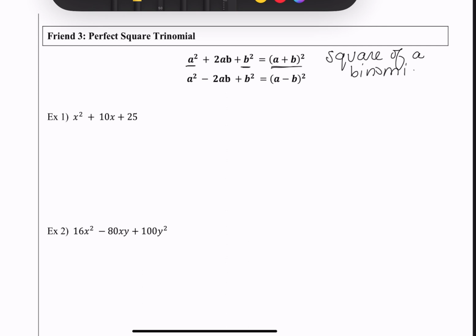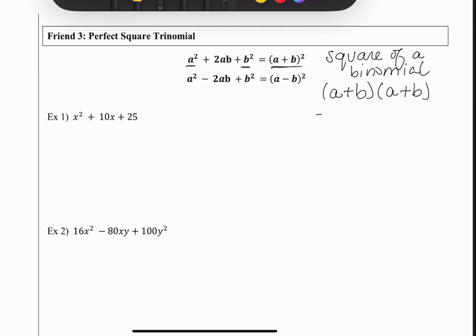Because remember, when we squared a binomial, we didn't just square the first and the last term. There were inner and outer terms to be reckoned with. So we took a plus b and multiplied it by itself.